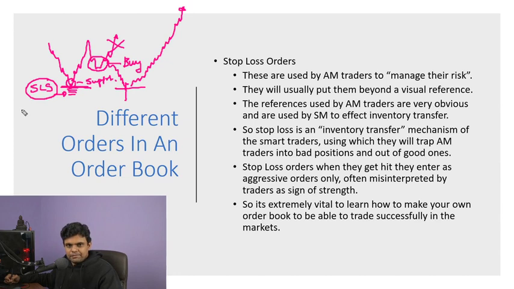Why me? All right. And the reason is simple. If you are putting it at such a visual reference, smart money will use it to effect inventory transfer. They use it as an inventory transfer mechanism. What do you mean by inventory transfer mechanism? They will transfer good positions, okay?